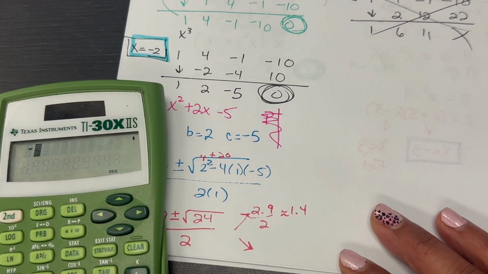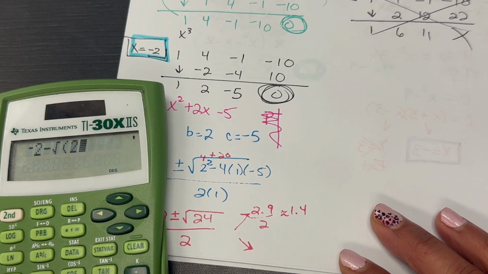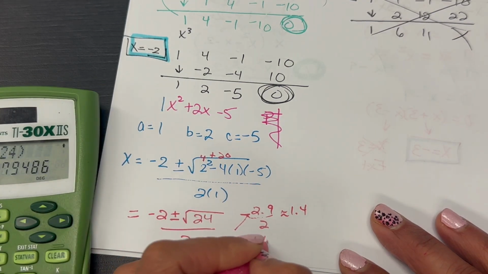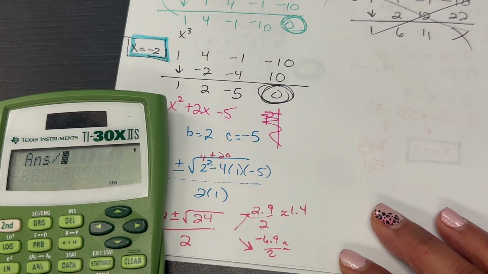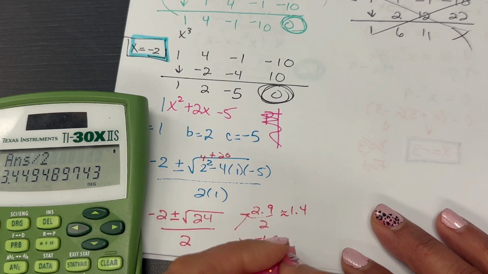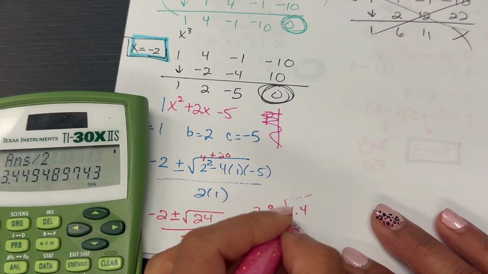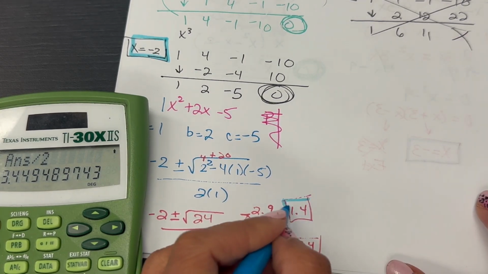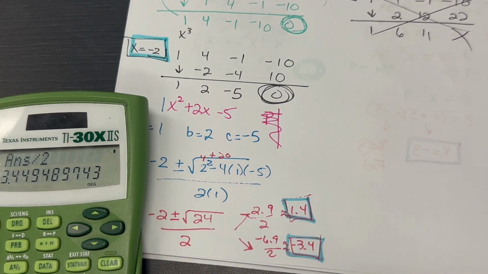And then -2 minus the square root of 24, which is -6.9, and then divide that by 2, and I get -3.4. So these are my 2 other solutions that I need to select from the drop-down menu, +1.4 and -3.4. And that's number 20.